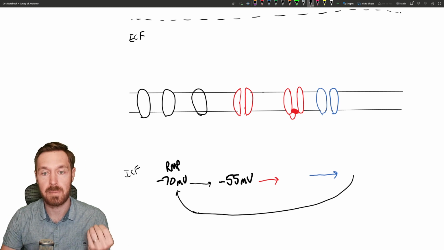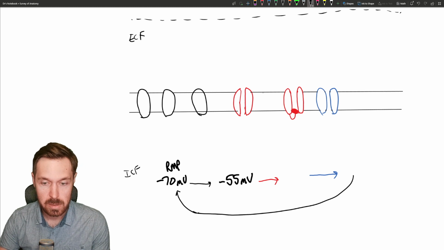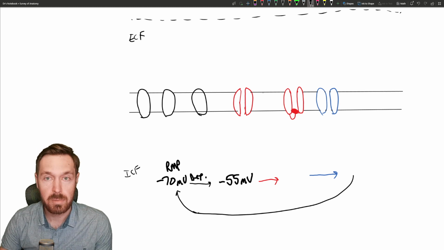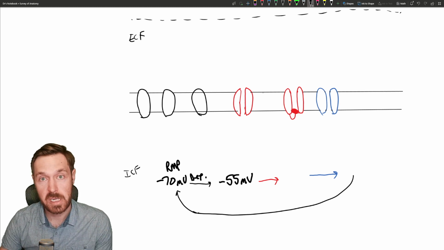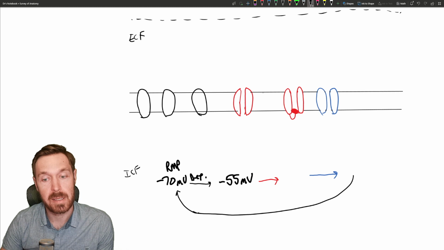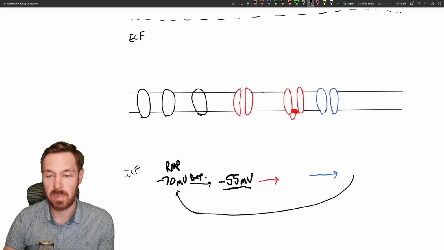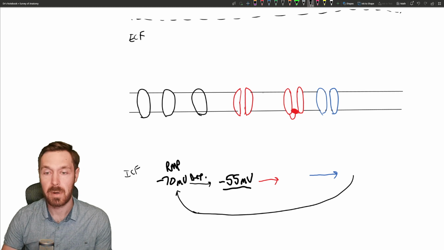So if this neuron depolarizes enough to reach minus 55, threshold is reached, and now these channels called voltage-gated sodium channels will open and you fire an action potential, and there's no stopping it at that point. So that's why this minus 55, it can be a range, minus 50 to minus 55, is so important.